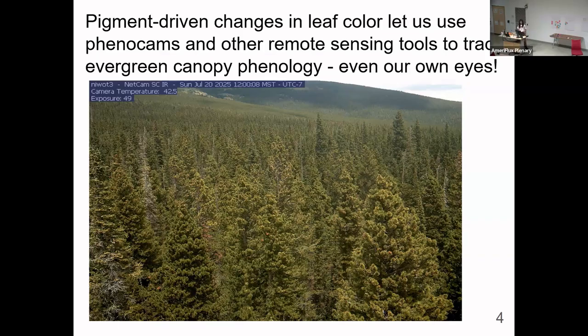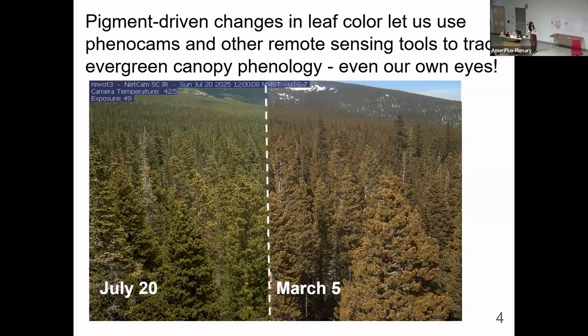These tools include time-lapse digital cameras or phenocams, as well as various radiometric sensors, and even our own eyes. For example, in this pair of pictures captured by the phenocam at Niwot Ridge, you can see that the needles in the wintertime turn a rustic yellowish-green color.